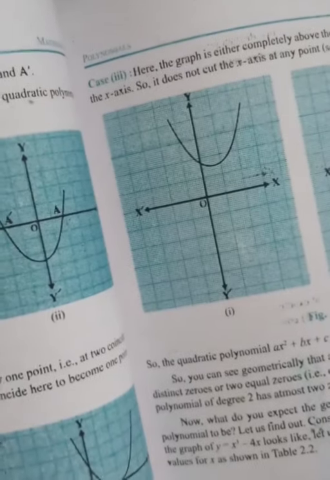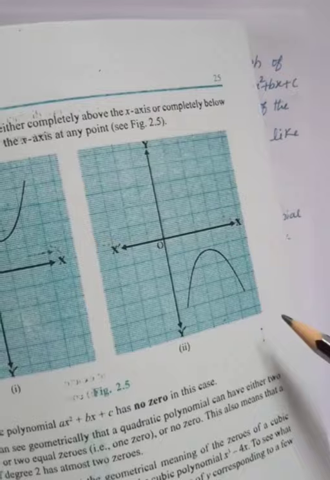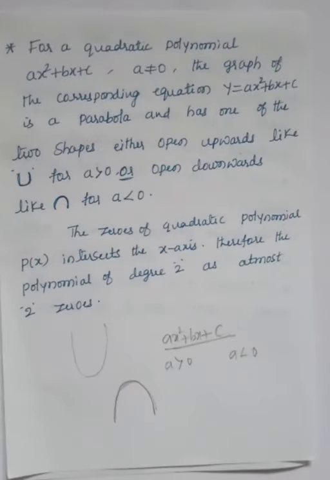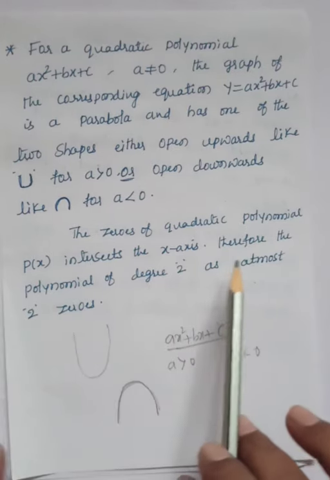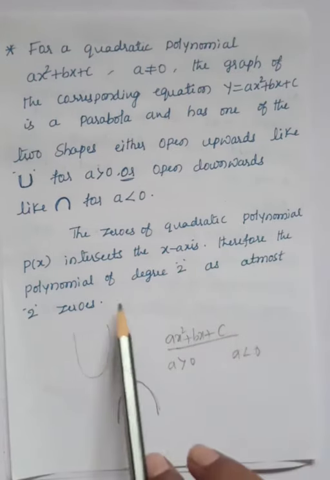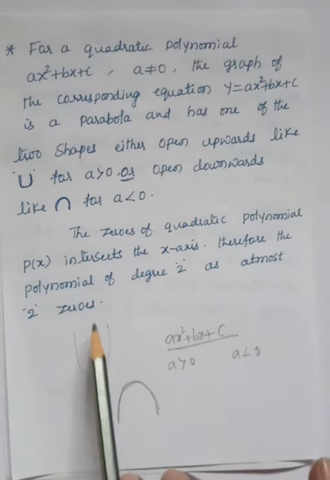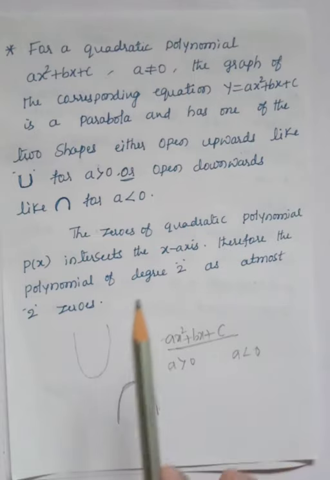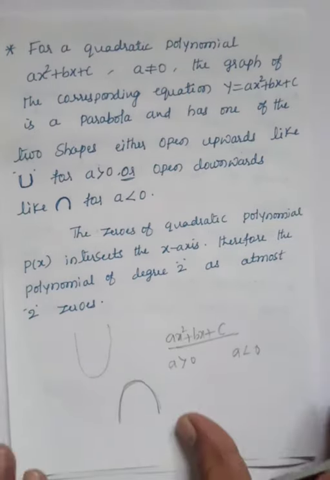Here it intersects only at one point. Here it doesn't intersect, here also not. Sometimes it will not intersect, but at most the zeros of the quadratic polynomial p of x are where it intersects the x-axis. Therefore, a polynomial of degree 2 has at most two zeros, because it intersects at two distinct points.